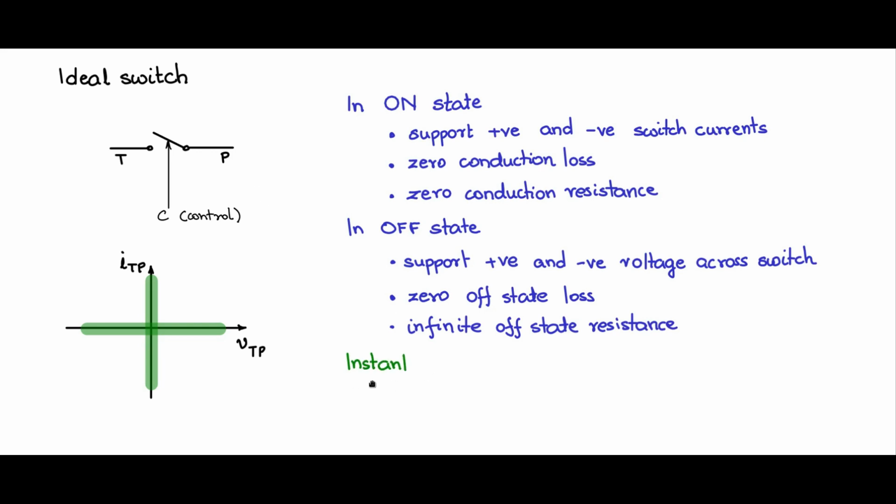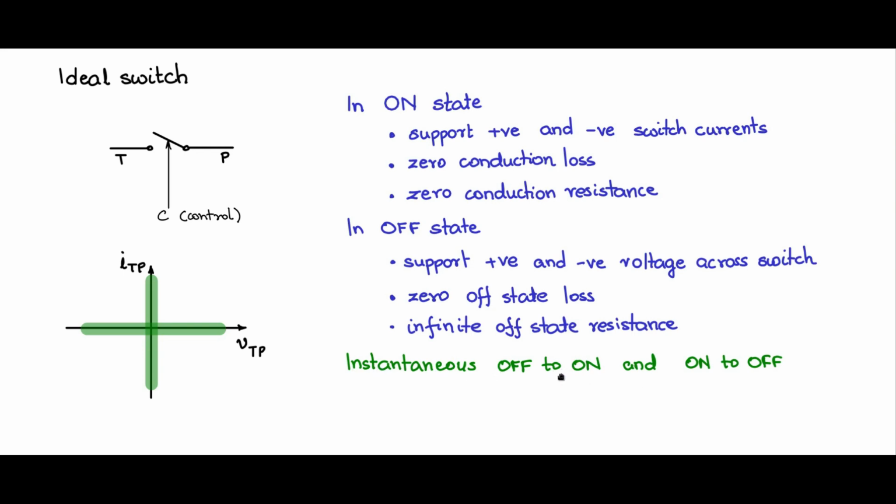Another important character of an ideal switch is that switching the switch from on state to off state to on state should be instantaneous. It should be in zero time, which is not so in a practical switch, but this is a desirable feature in an ideal switch.